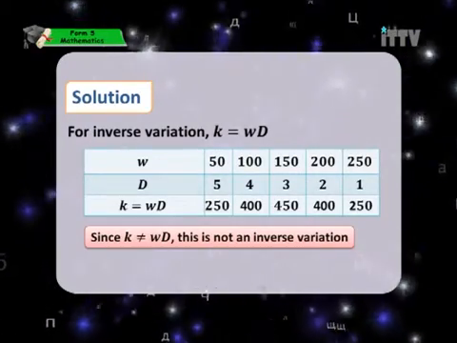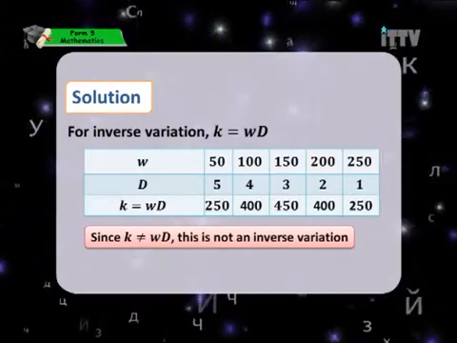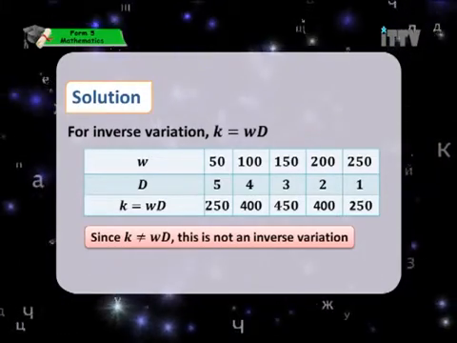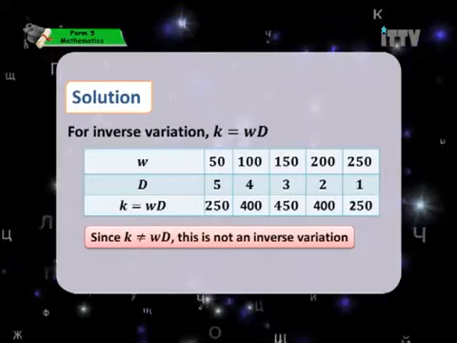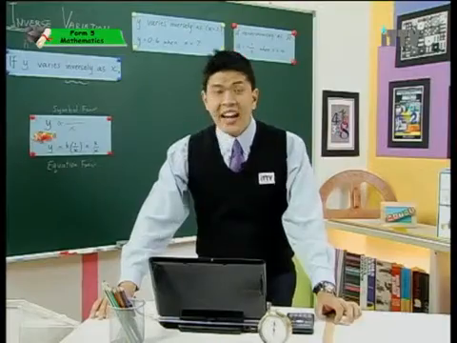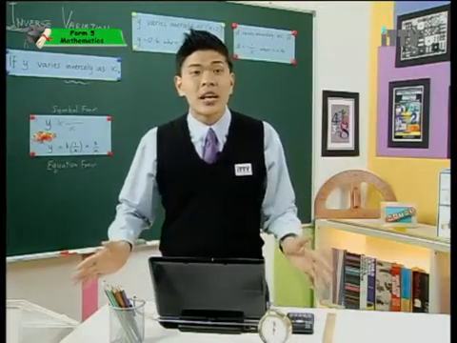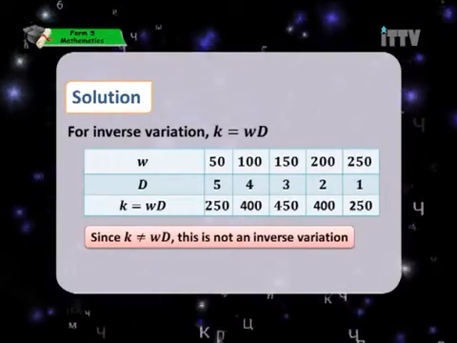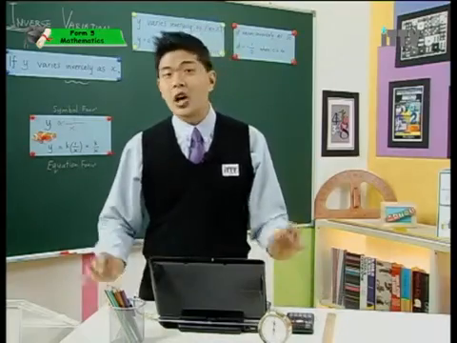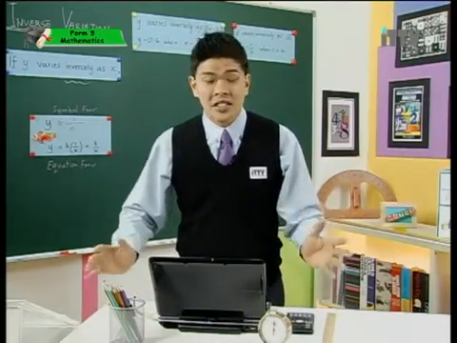50 times 5, 250. 100 times 4, 400. 150 times 3, 450. 200 times 2, 400. 250 times 1, 250. Are they the same, guys, for all the number of days and the number of workers? No, because all of them are different. This means that the constant does not exist.